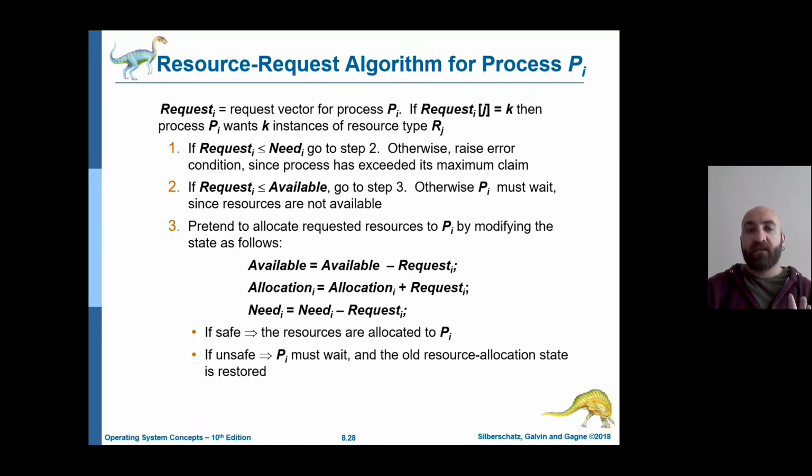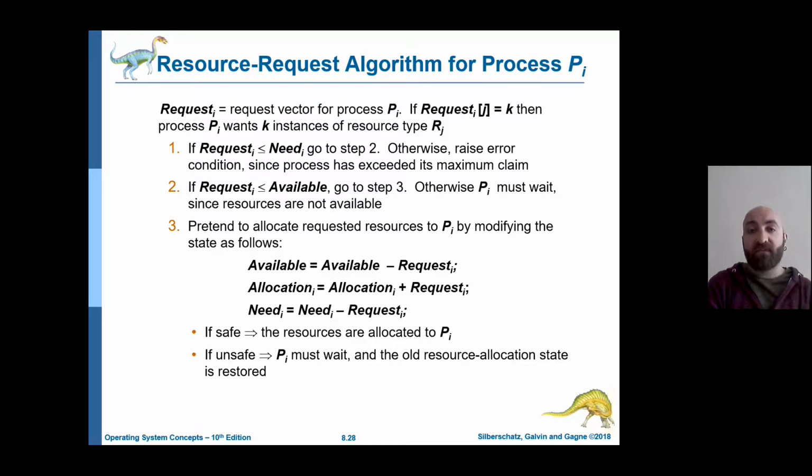Next, we are going to describe the algorithm for determining whether requests can be safely granted. Let Request[i] be the request vector for thread Ti or process Pi. If Request[i][j] equals k, then process i or thread Ti wants k instances of resource type Rj.